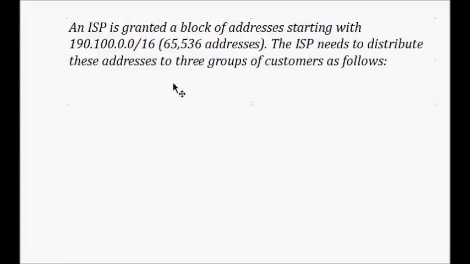We will look at one example which will make the concept of address allocation very clear. An ISP is granted a block of addresses starting with 190.100.0.0/16.